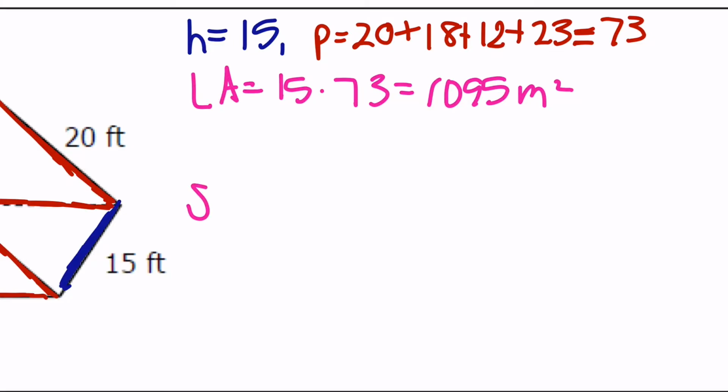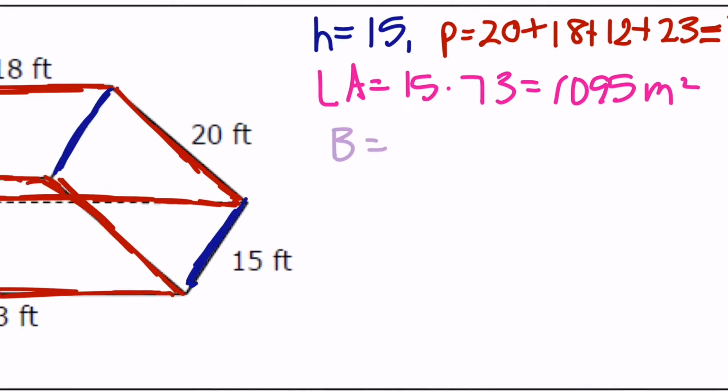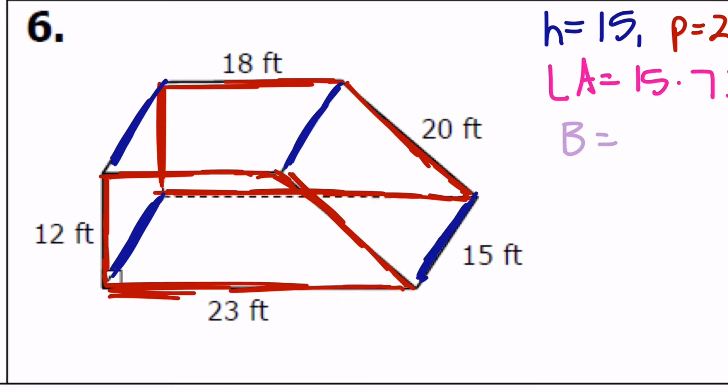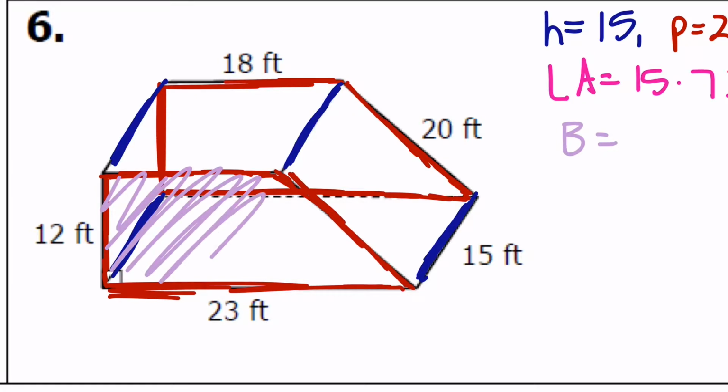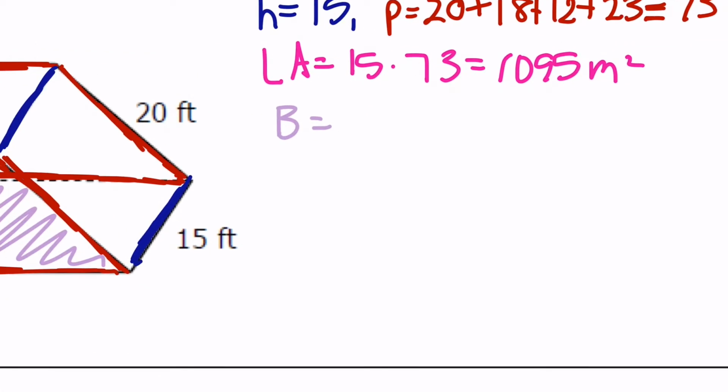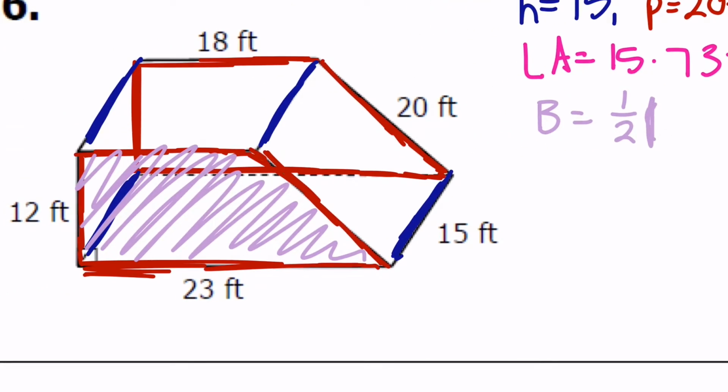Now I plug that into my formula for surface area. Oh well, I gotta find my base area first. Forgot I gotta find my base area. So I need to find the area of one of these trapezoids now. So I use the formula for the area of a trapezoid, which is 1/2 times the height, and now I'm talking about the height of the trapezoid itself.